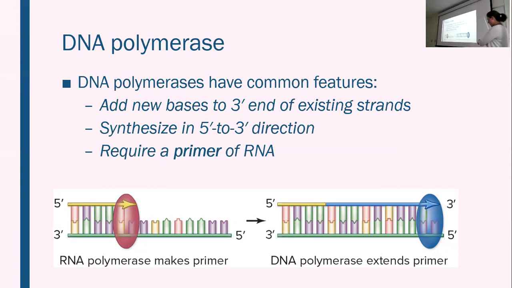You need a little piece to get you started. There's going to be another enzyme, we'll get to him later, and he's going to say, here's a primer, you need to start copying here. Polymerase, you need to start at the primer and start making a copy. And then polymerase does its thing. So all polymerases add to the 3' end, moving from 5' to 3', and they have to have a primer.